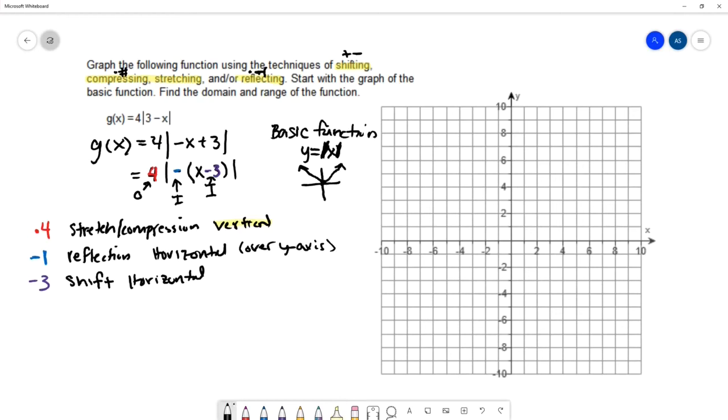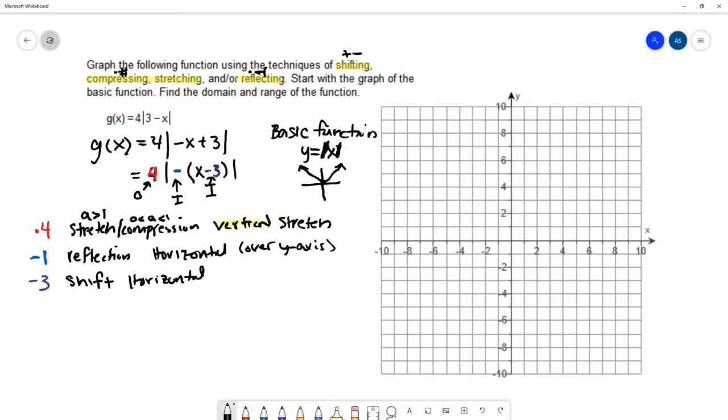And if that number is greater than 1, we call it a stretch. And if that number is in between 0 and 1, we call it a compression. So in our example, because the number we're multiplying by is greater than 1, it's a stretch. So we now know that we have a vertical stretch by a multiple of 4.